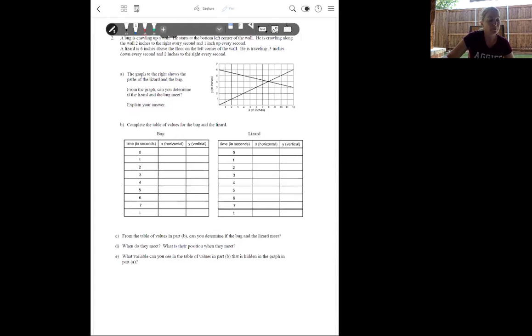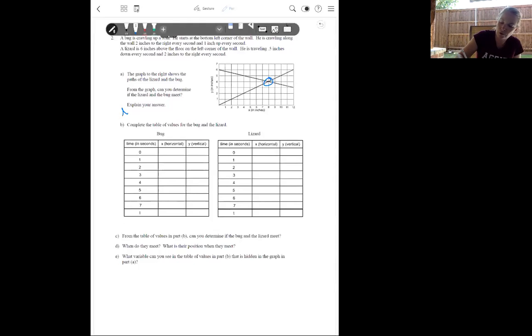So part A, the graph to the right shows the paths of the lizard and the bug. From the graph, can you determine if the lizard and the bug meet? Well, if we just look at the graph, it appears maybe they do because there's an intersection point. But just looking at the graph, can we actually determine if they're crossing at the same exact time?